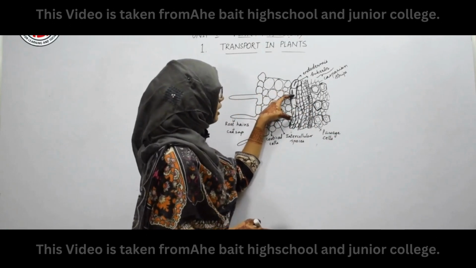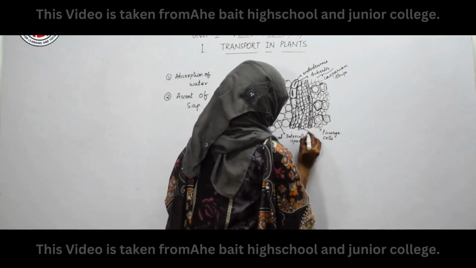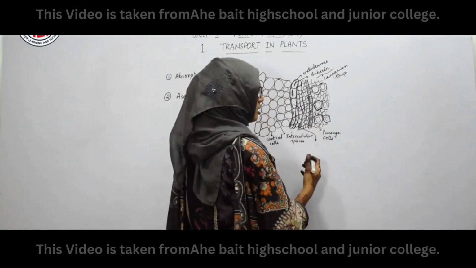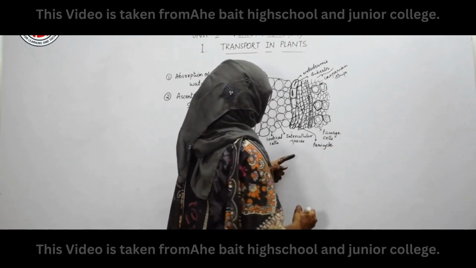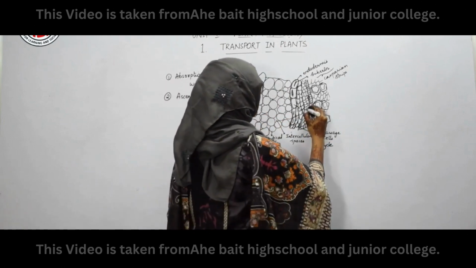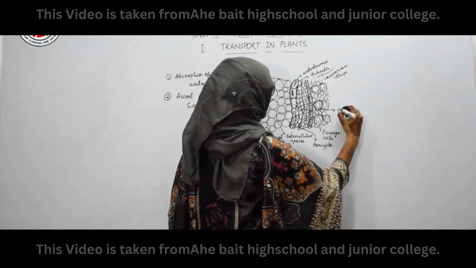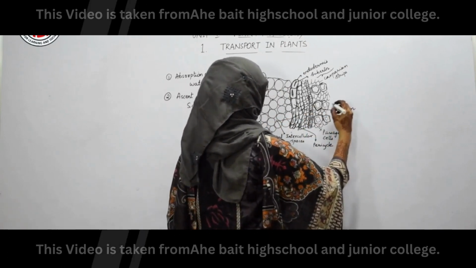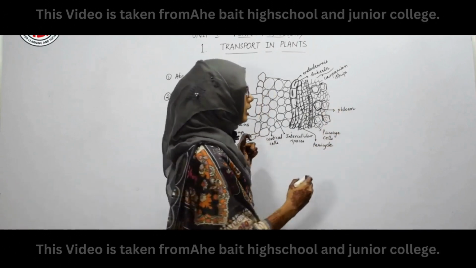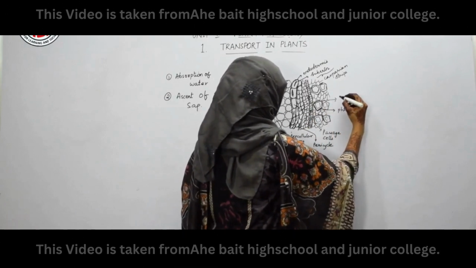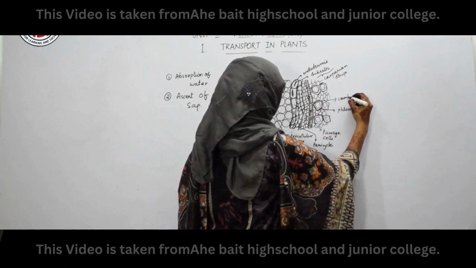Next to this endodermis, a layer of compact cells is present, and this forms the pericycle. Inner to the pericycle, sieve tube cells are present, which is called phloem. And inner to this phloem, if we talk about the dicot, then we can see a layer of cells or a network of cells which is called cambium.